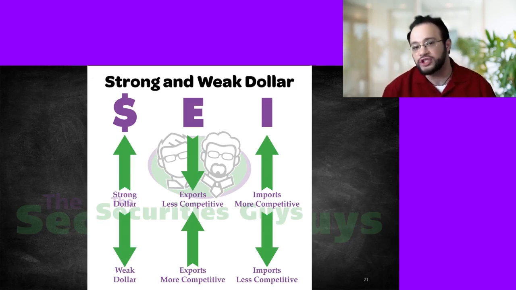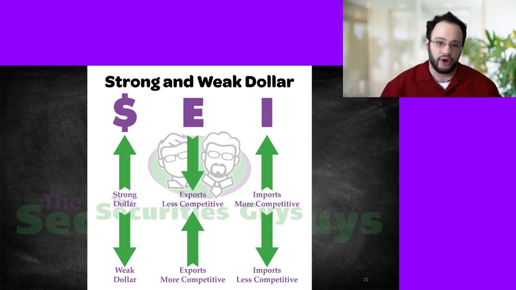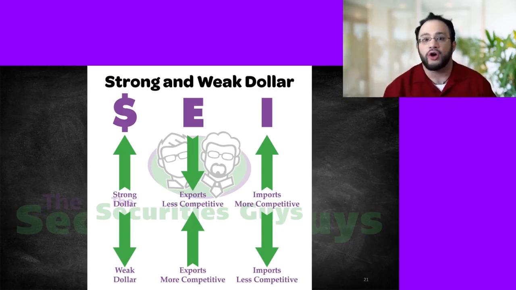So if the question is talking about the euro going up, that means the dollar went down. So you can bring them all back to the same currency so you can make sure you can use this chart well.